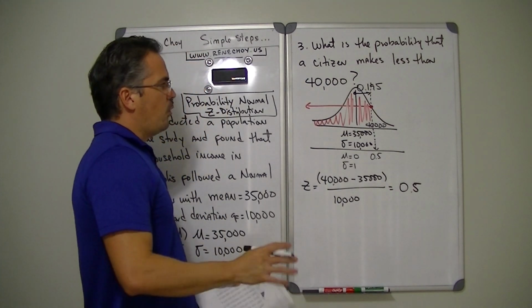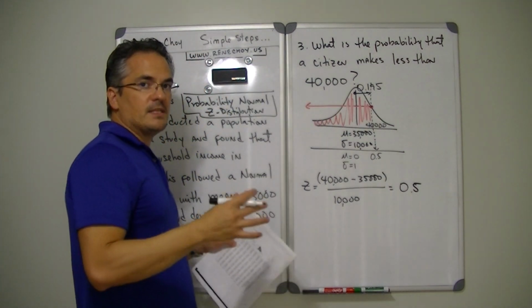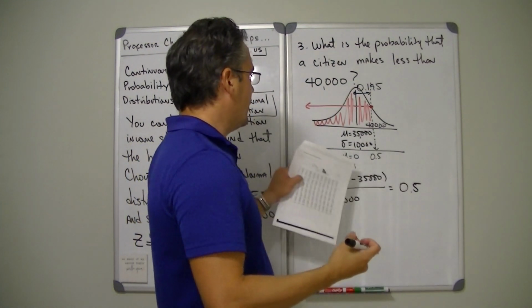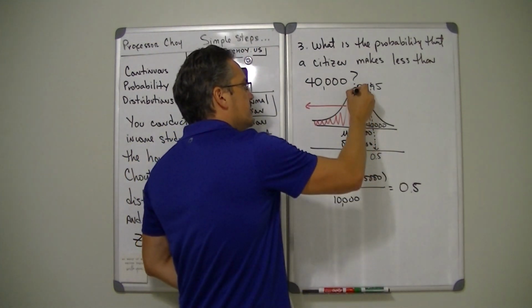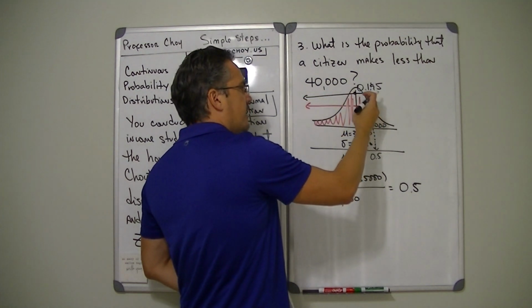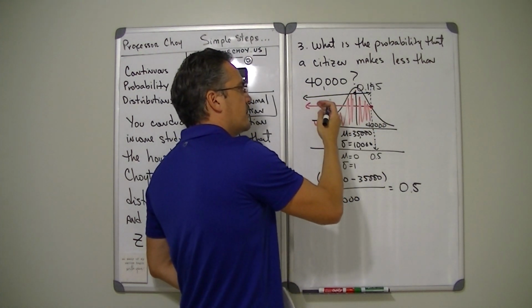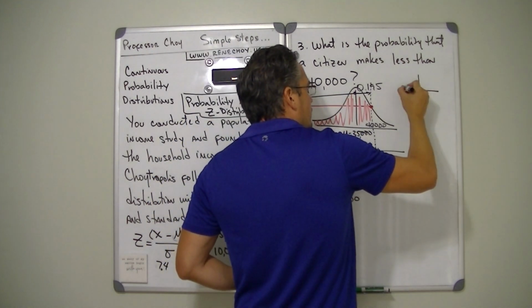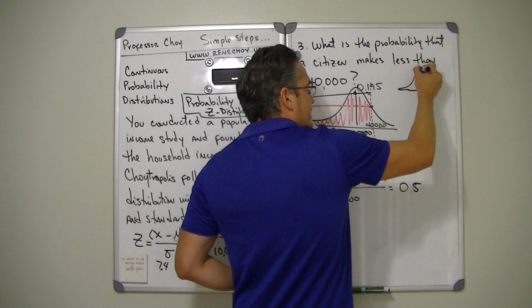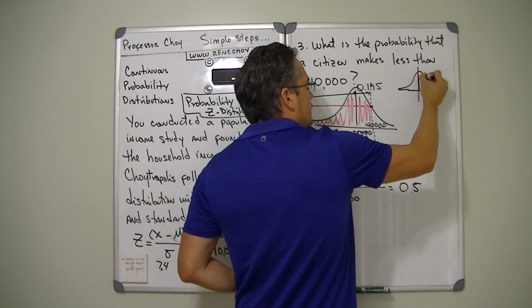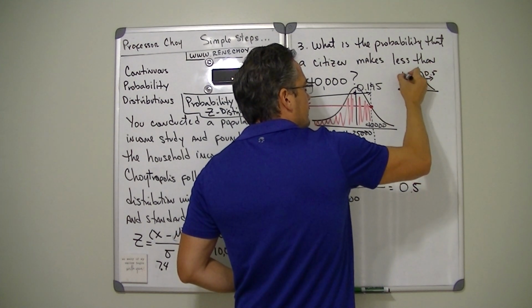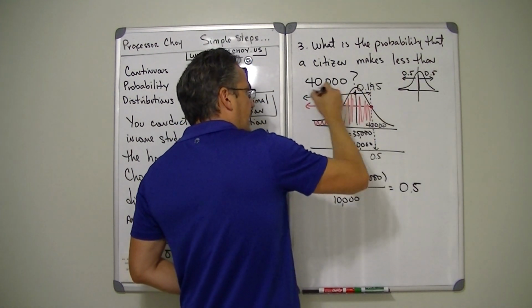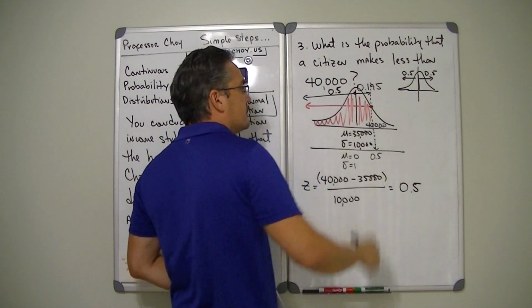All right, now the question is asking us, what is the probability that somebody makes less than 40,000? So it is not just that portion, but I also need to find all of that stuff on the other side of the curve. But we remember that when you have a normal distribution and you're splitting exactly in half, then half to the right is 0.5, the half to the left is 0.5, so that I know that between this and the entire left is 0.5.